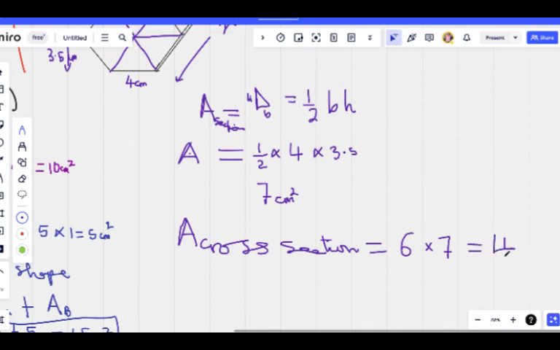Now the question does not just want you to find the area of the prism, but the question wants you to calculate the volume of the prism.